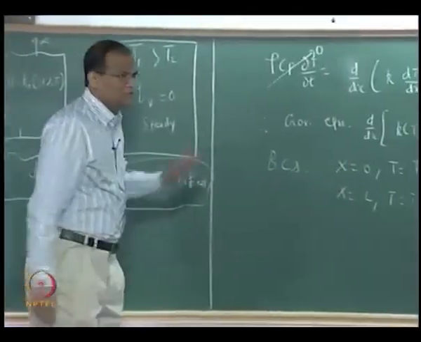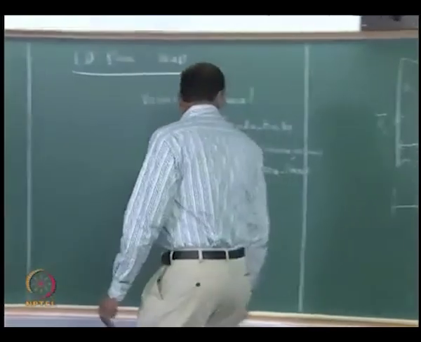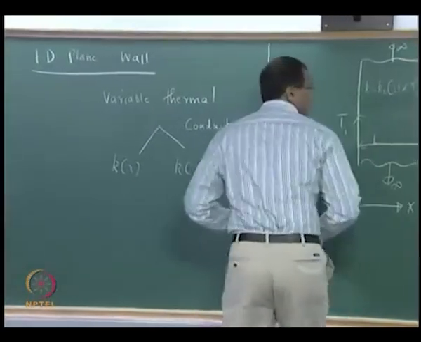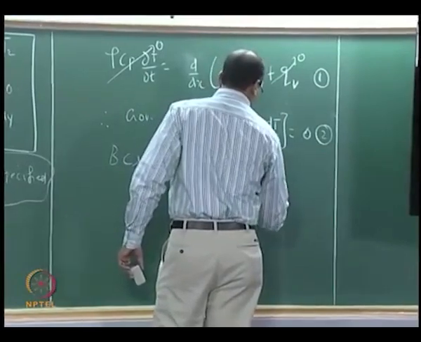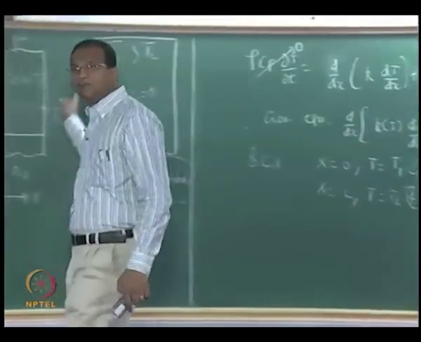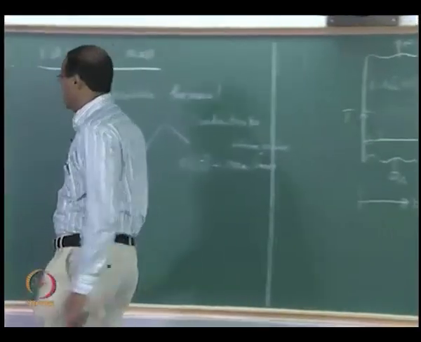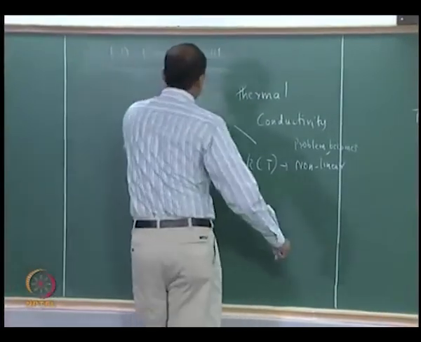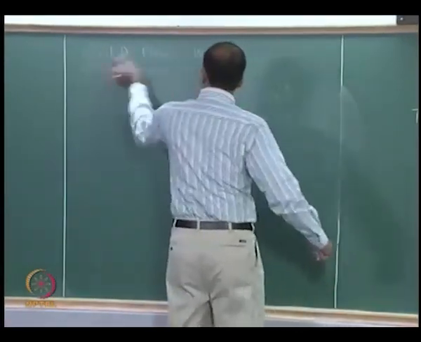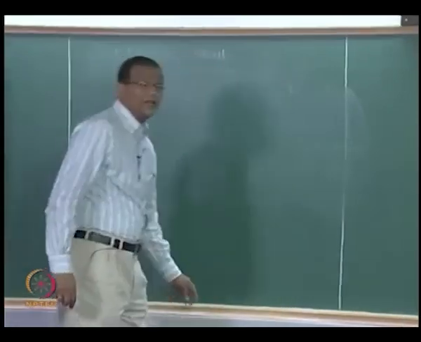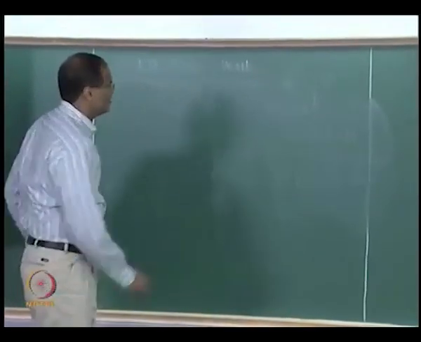So now we will have to solve this. I can use the linear model for thermal conductivity k. Before using the model, I can just start off with a generic formulation. So d by dx of k dT by dx.